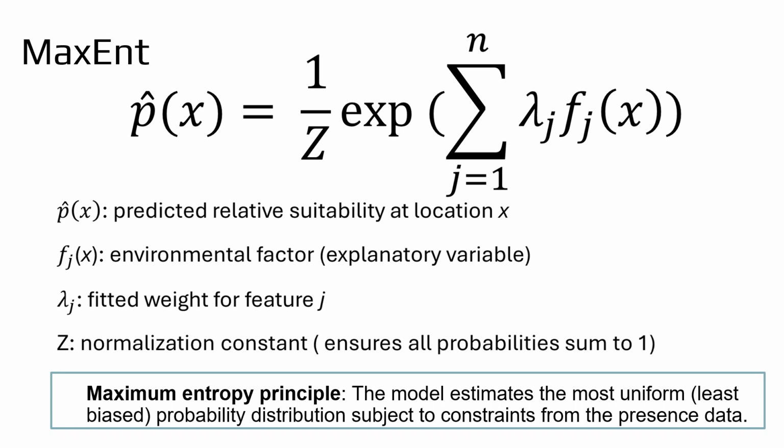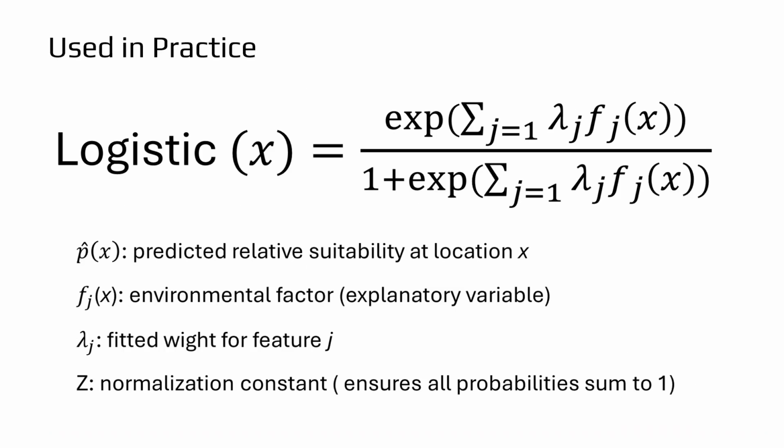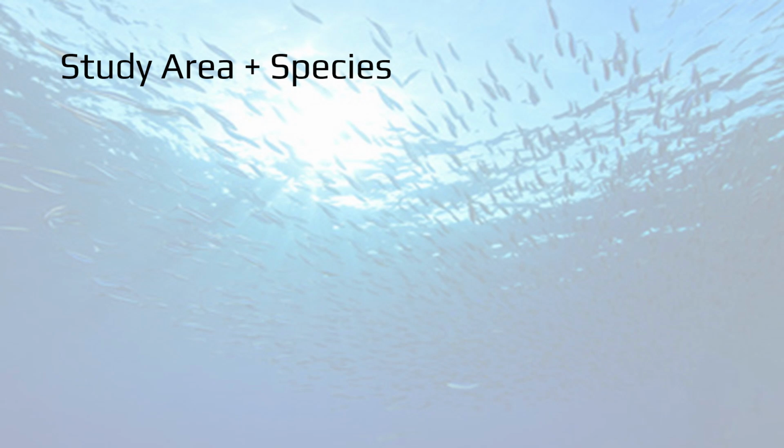The maximum entropy model is known to overfit. It tends to estimate the most uniform probability distribution based on the constraints of the presence data. And in practice, it's used in the logistic form. So a quick reminder of the study area and species.